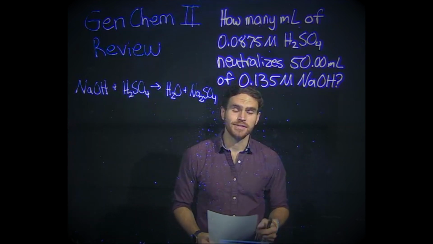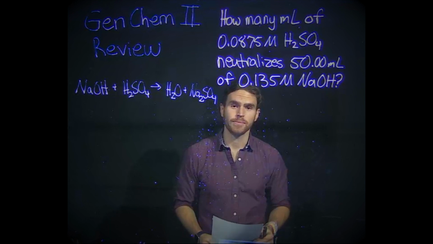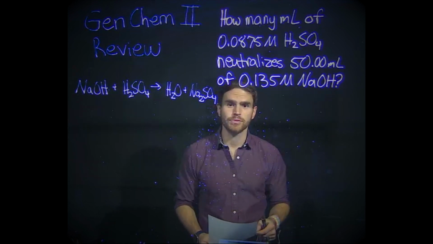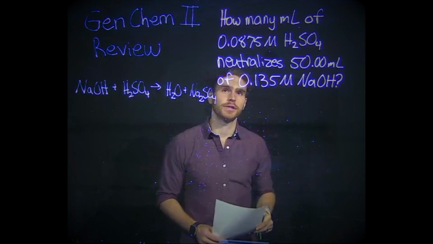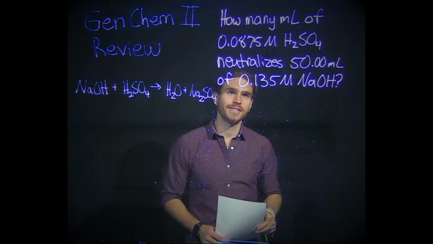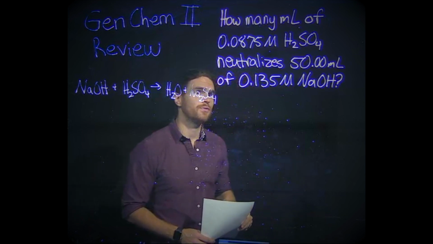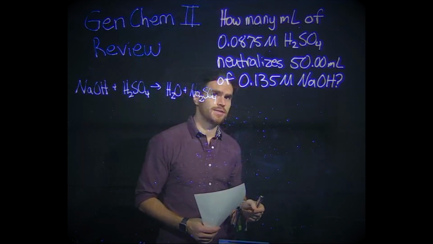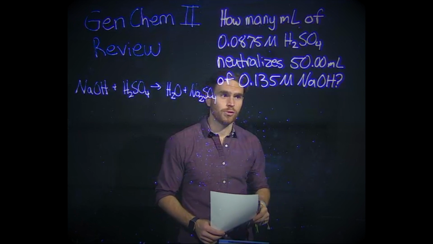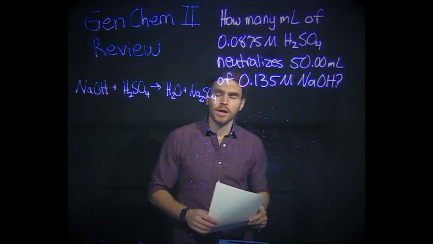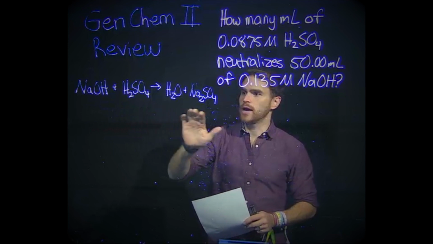Acids and bases is a topic featured prominently in general chemistry too. As a result, let's do a quick recap. So, consider the question: how many milliliters of 0.0875 molar H2SO4 completely neutralizes 50 milliliters of 0.135 molar sodium hydroxide? Now we can write the neutralization reaction out like this.